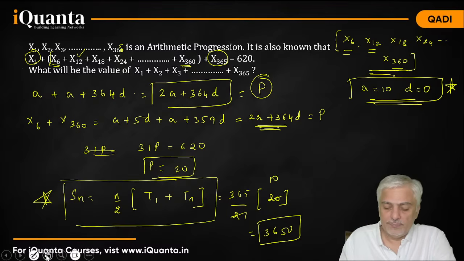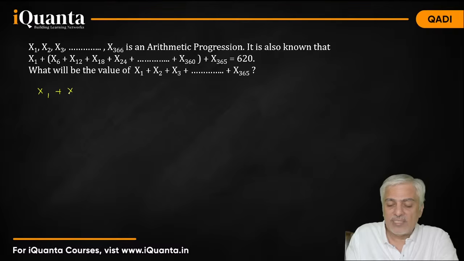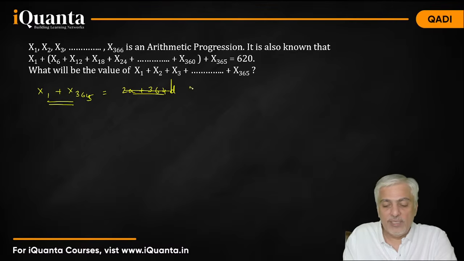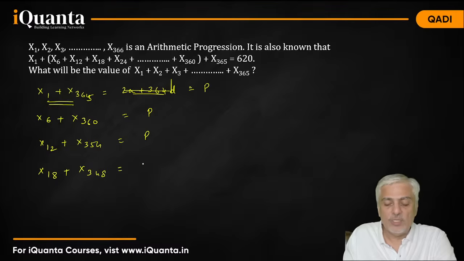So, Vishal, if I just do the whole thing again, the first term plus the last term became 2a plus 364d. Even if I don't write all this, whatever is the first term plus the last term, if I call this p, then x6 plus x360 is also the same. x12 plus x354 is also the same. x18 plus x348 is also the same.